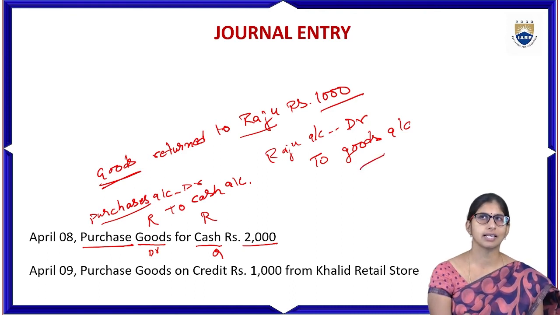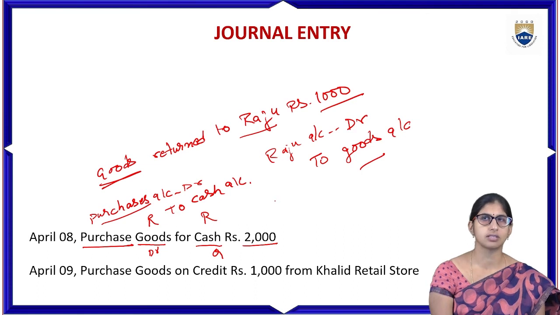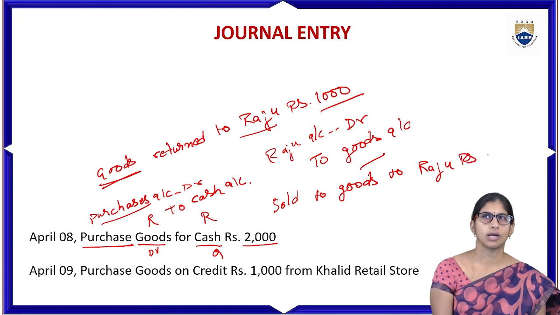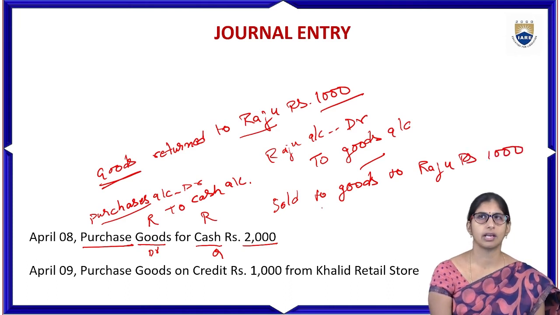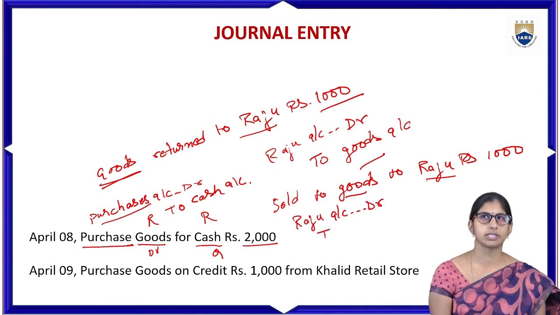Is it a sale or a purchase return? For example, if I am selling goods, sold goods to Raju, rupees 1000, what is happening? Again, goods is going out and Raju is the receiver. So Raju account debtor to goods account I have to write.